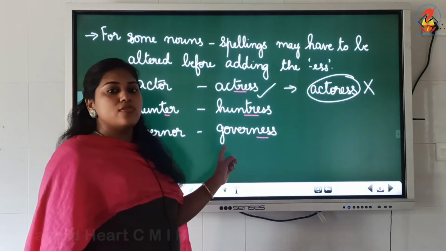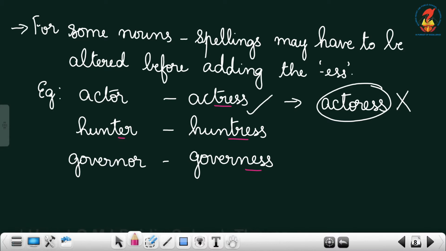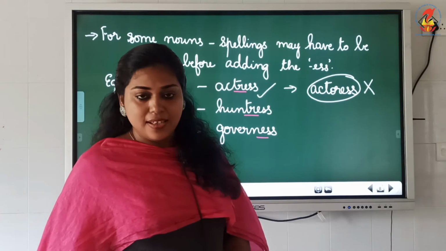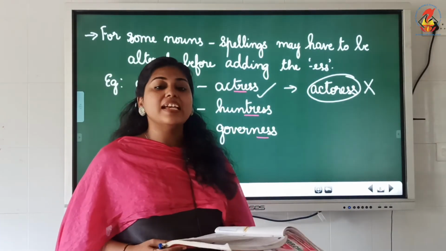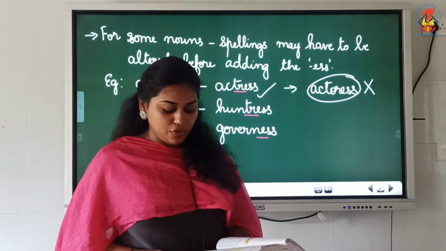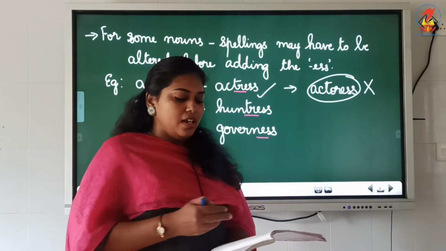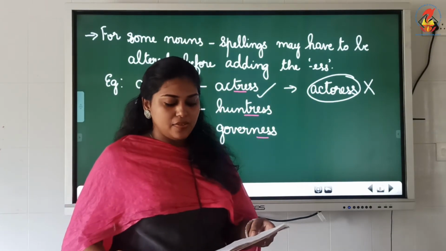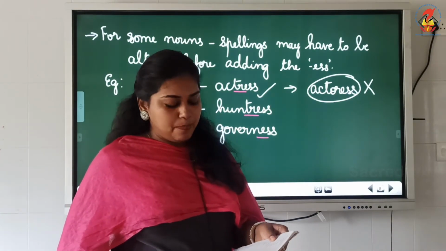Other word is governor. For governor also, when you change it into a feminine form, you have to keep in mind the spelling. The spelling is GOVERNESS. Other examples are given in your textbook. You have to go through with children. Some of the examples I'll read out. Emperor, empress.